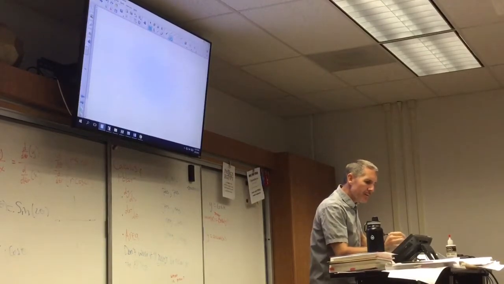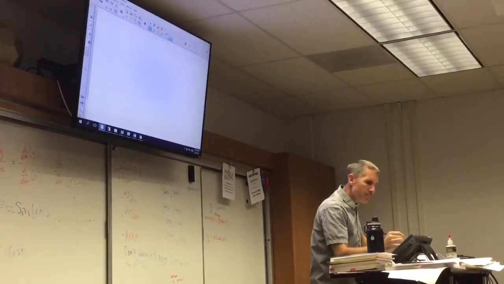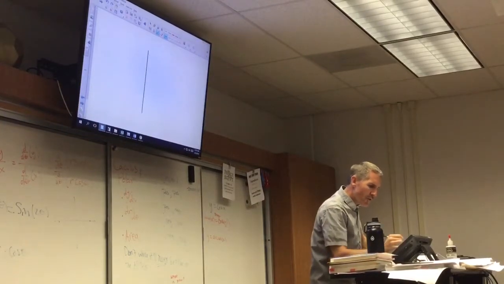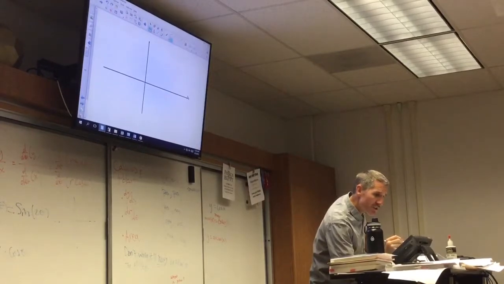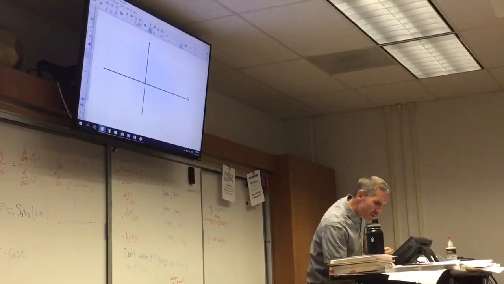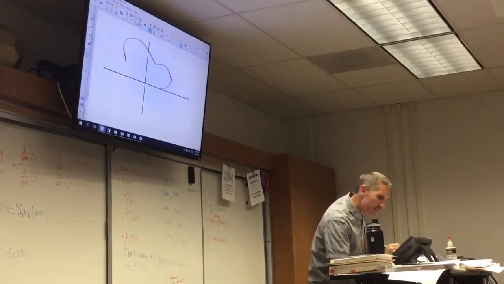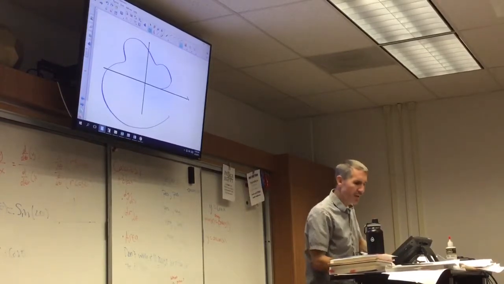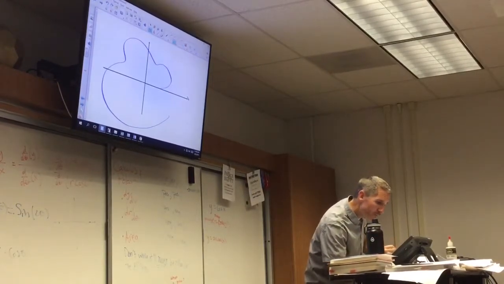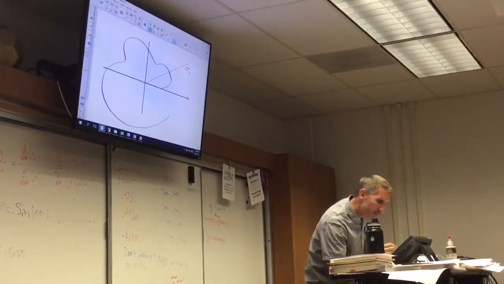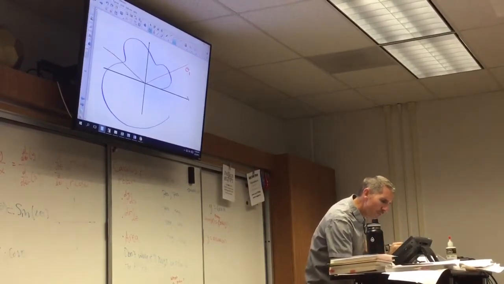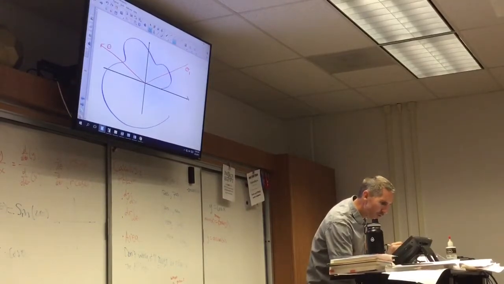If we have some curve, and to make it easy, I'm going to say that it starts there and it does this thing. And we want to go from theta 1 all the way through to theta 2.